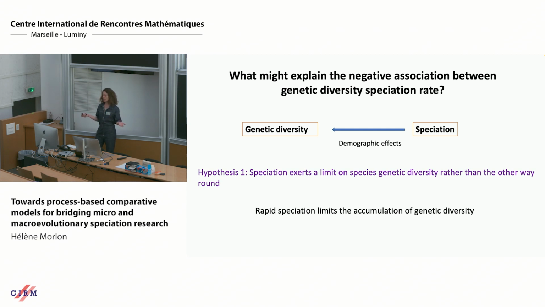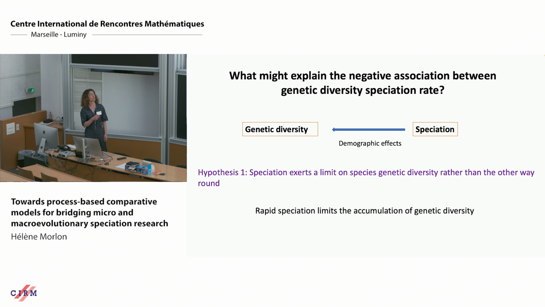that was not our expectation. So now, how can we explain this negative relationship? One hypothesis is that it's not genetic diversity that limits speciation rates.